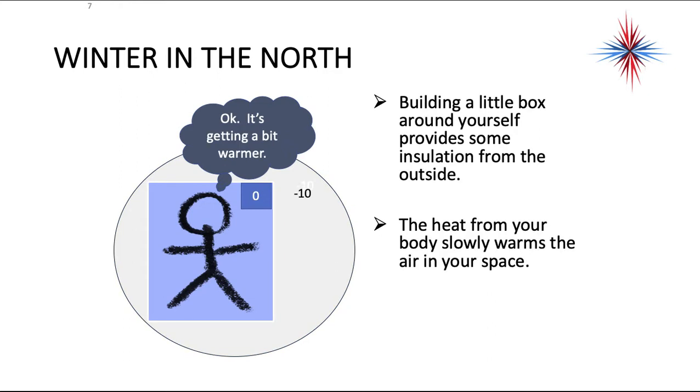Okay, let's build up a little box around yourself and provide some insulation from the outside. The heat from your body slowly warms the air around your space. This is your little box. I still have negative 10 degrees outside, but 0 degrees inside. So we're slowly warming up.